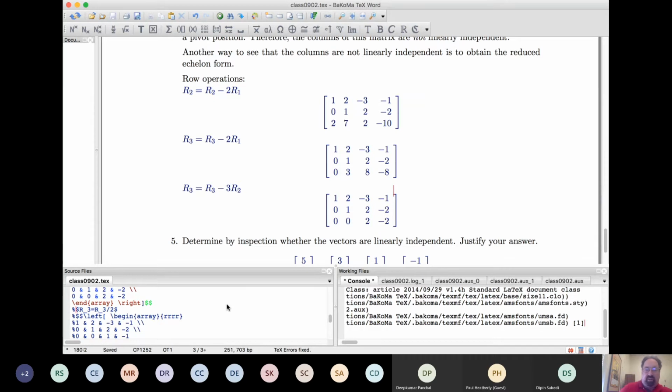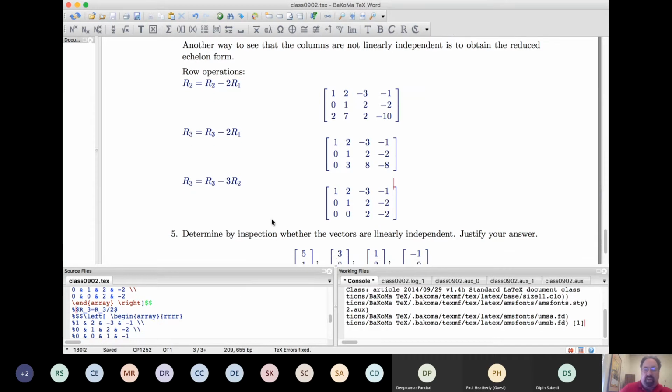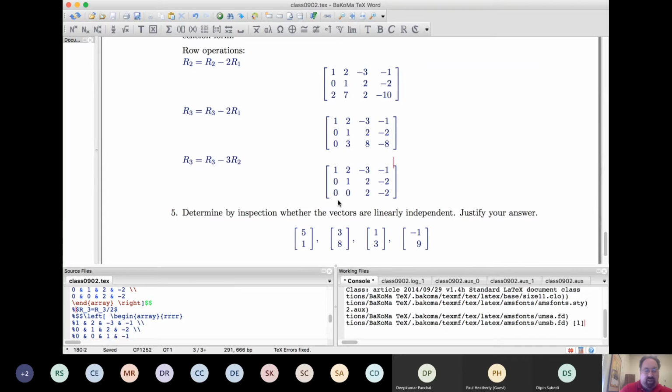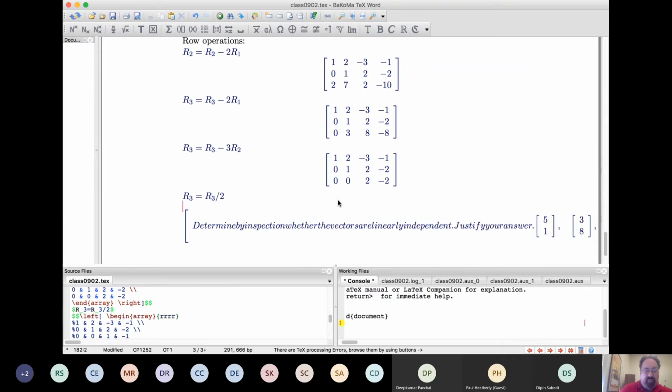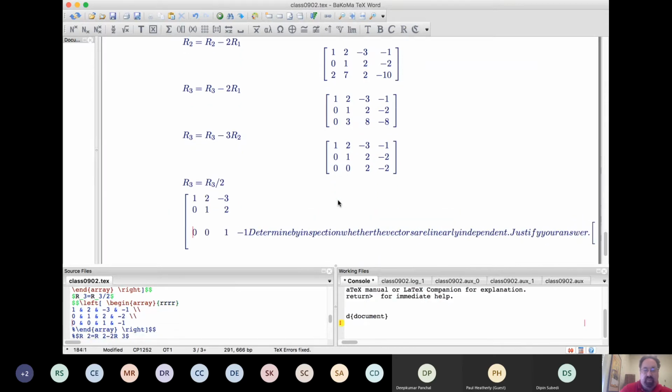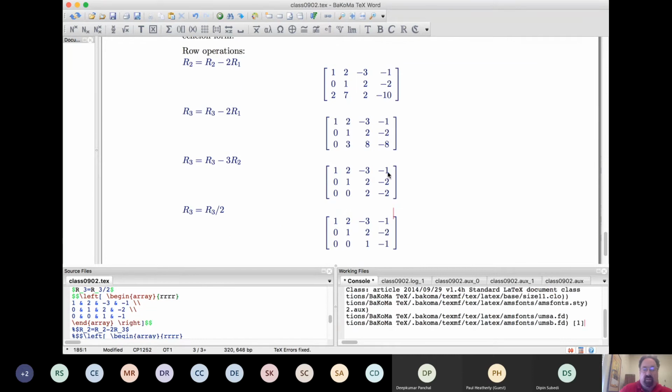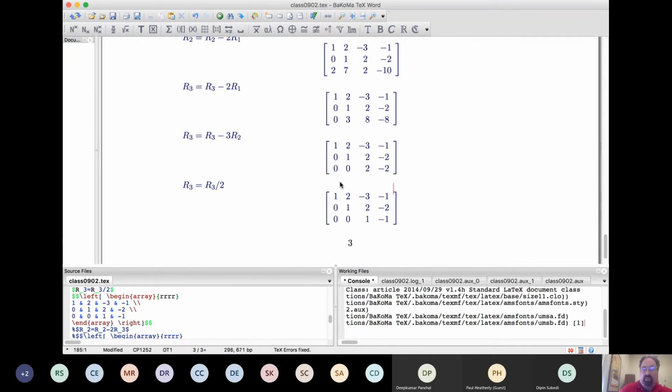Now, if we want to go all the way to reduced echelon form, okay, just for convenience, all the pivot positions have to have an entry of 1 for reduced echelon form. So I'm just going to divide by 2. And then I can use this row to eliminate these entries here.